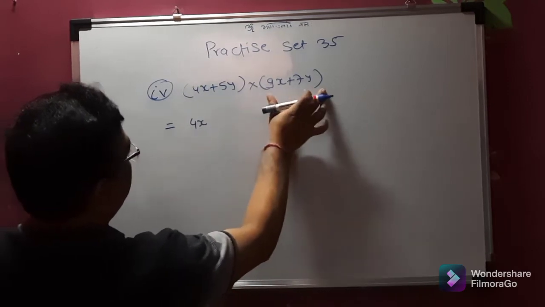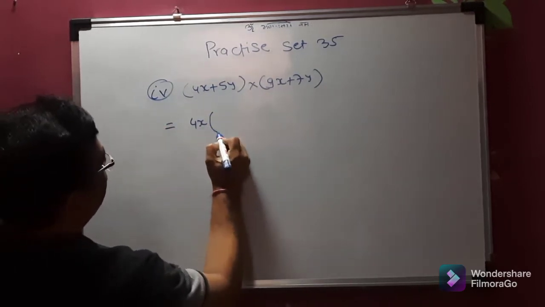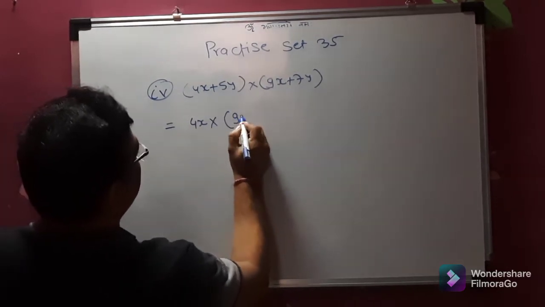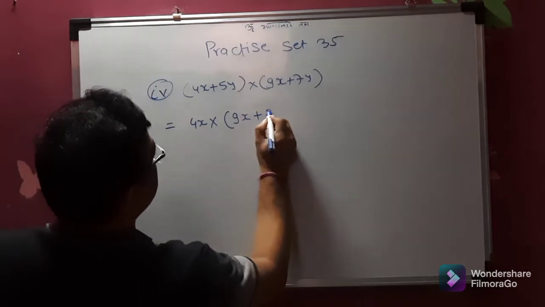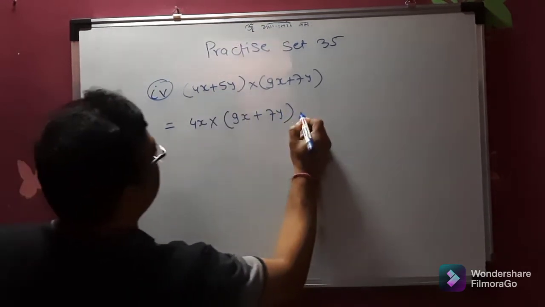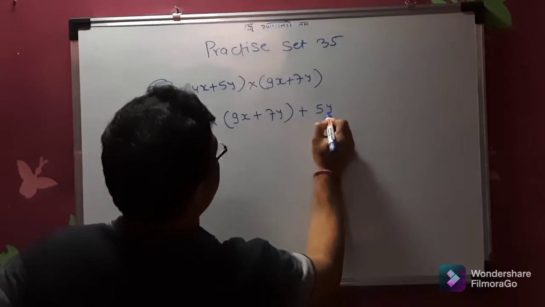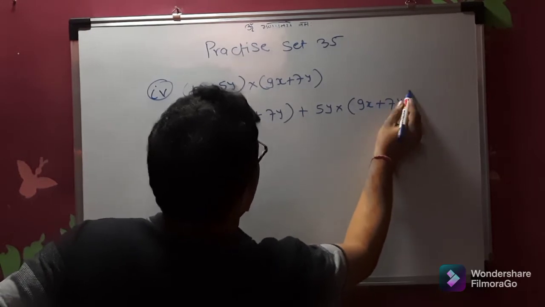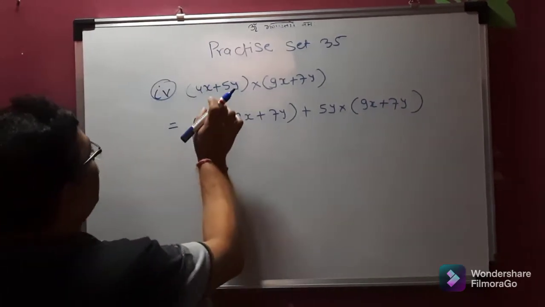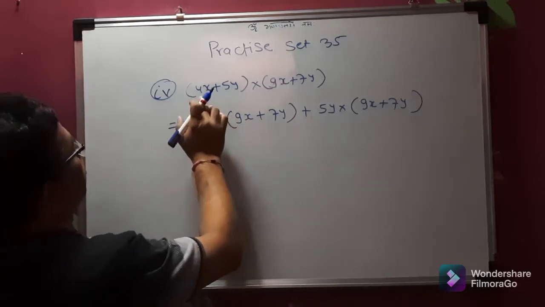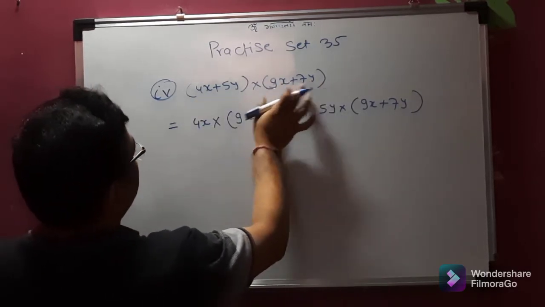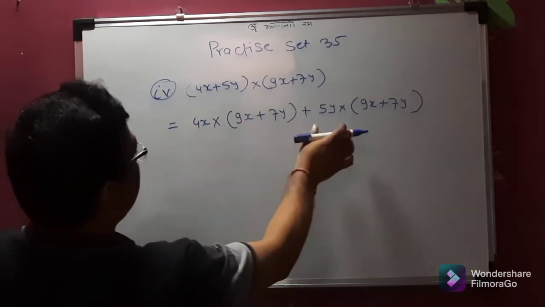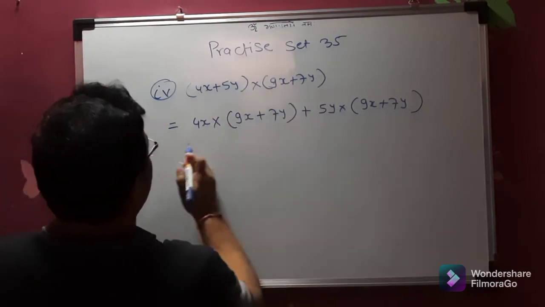This 4x is going to multiply by this, so we write 4x into 9x plus 7y, then this plus sign, plus 5y into 9x plus 7y. Now what we have done here is, we multiply 4x with this expression, then the second time we multiply 5y with this expression.